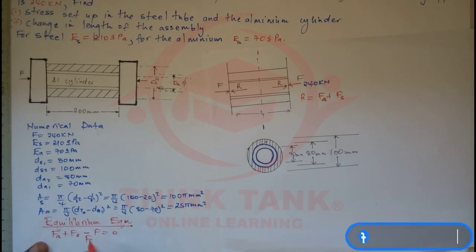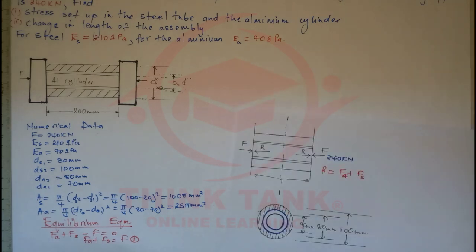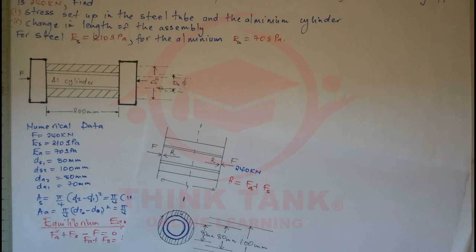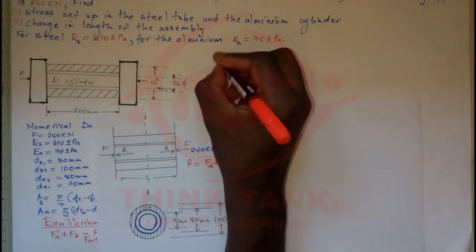So we can say Fa plus Fs equals F, the applied force, and we can call this equation 1. But since we have two unknowns and one equation, we need another equation, and that equation is going to be the equation of compatibility. So let me write the equation of compatibility right here.